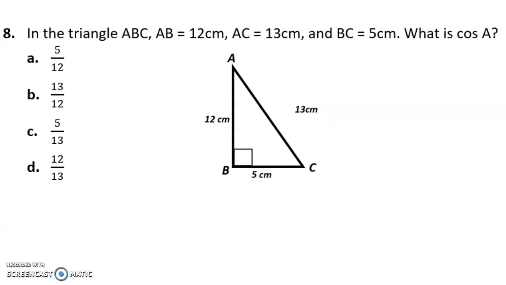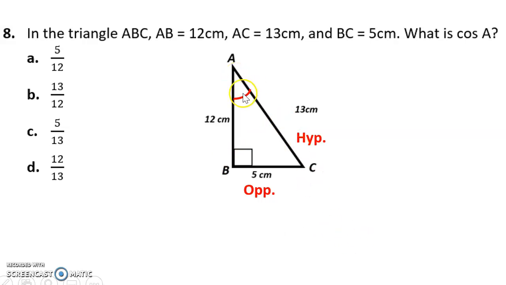Moving on, in the triangle ABC, AB equals 12 centimeters, AC equals 13 centimeters, and BC equals 5 centimeters. What is cos A? So we're looking at angle A, and we're going to use angle A to label the triangle. The side opposite the right angle is always the hypotenuse.